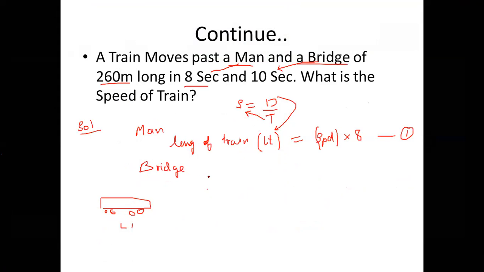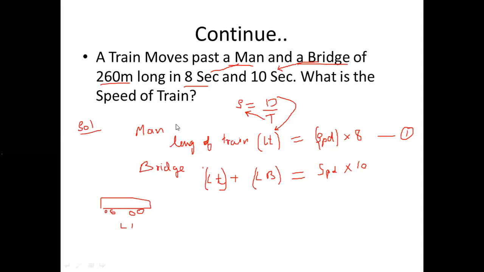So for the bridge, what we have: the length of the train, that is LT, plus the length of the bridge LB, is equal to speed, which we have to find, into the time, which is given as 10 seconds, so that will be 10.